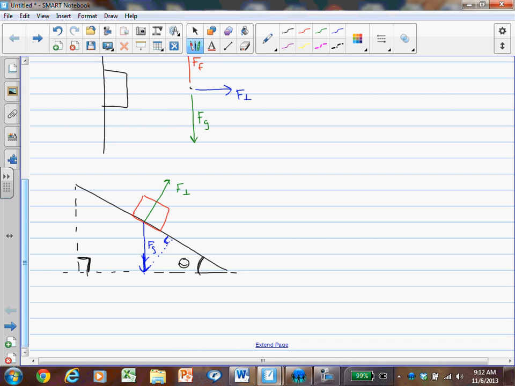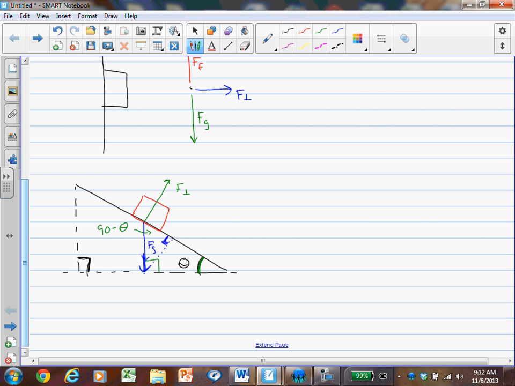But also, this triangle, which is a combination of Fg and the blue, has a 90-degree angle. So we have theta over here, 90, and then this angle, which must be 90 minus theta because it all adds up to 180.